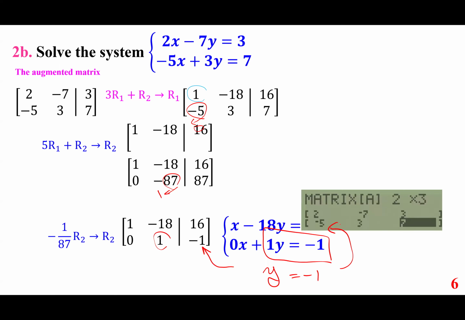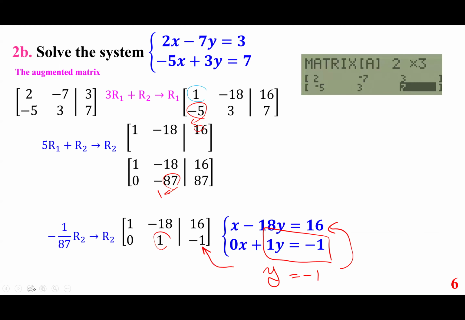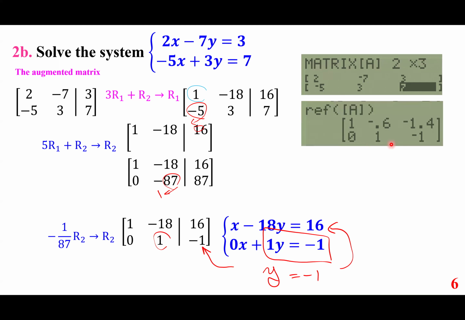Now, if I use a calculator, again, this was done by hand, you're supposed to understand and know. If I put REF, notice this is indicating the answer is -1. Of course, the numbers here are different than ours because a different methodology has been used. By different methodology, I mean this part, they did it differently.